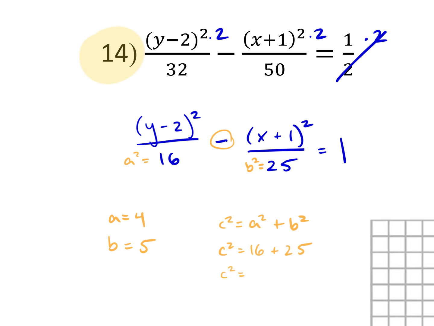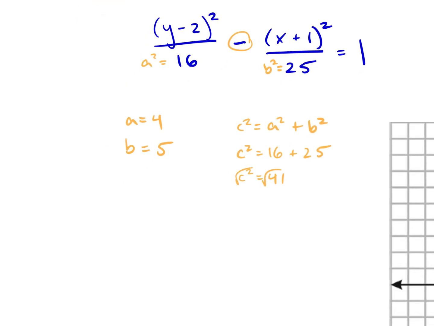So c squared equals 41. So c is square root 41, which we can't simplify. So we're just going to leave it as square root 41, which is about, it's less than the square root of 49, which is 7. So we can call it 6.5-ish. So this is just to help us graph it, but the official number for it is square root 41.